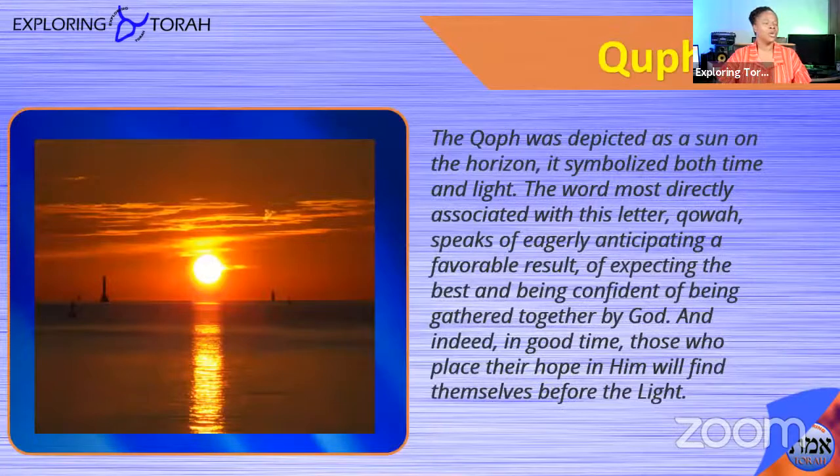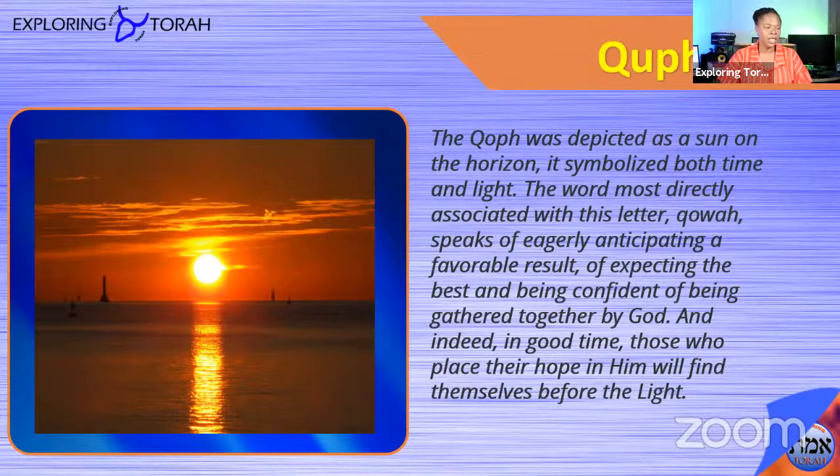All right. So the Kuf was depicted as a sun on the horizon. It symbolizes both time and light. The word most directly associated with this letter is kuwa, which speaks of eagerly anticipating a favorable result, of expecting the best and being confident of being gathered together by Yah.